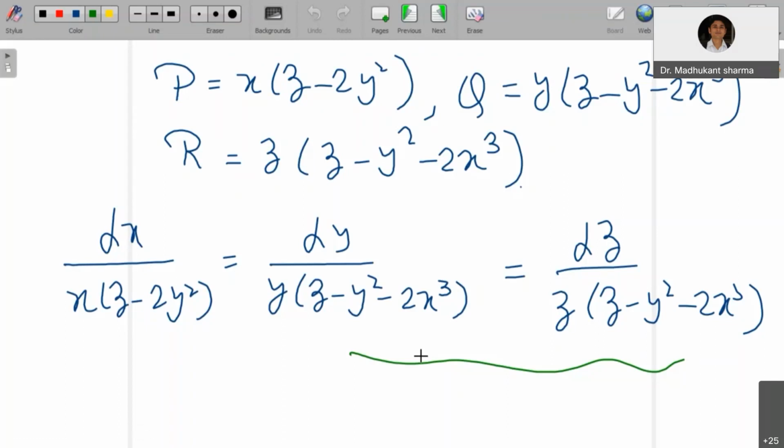You can't look at x dx plus y dy, I think, because it may complicate more. We want to get a simplified one in the denominator.